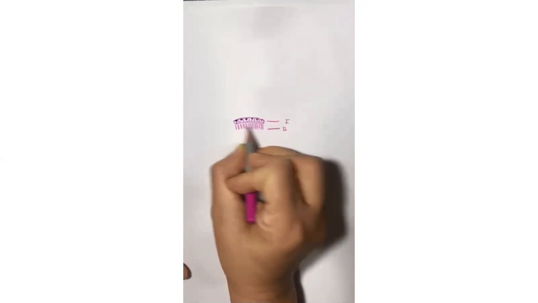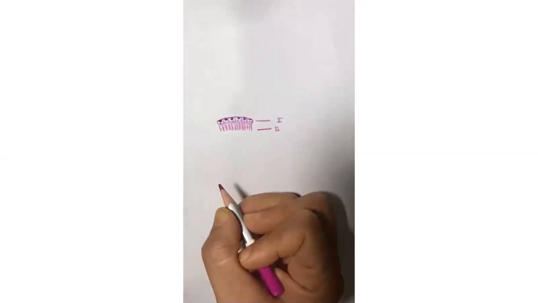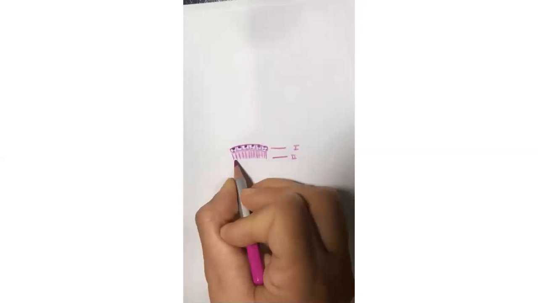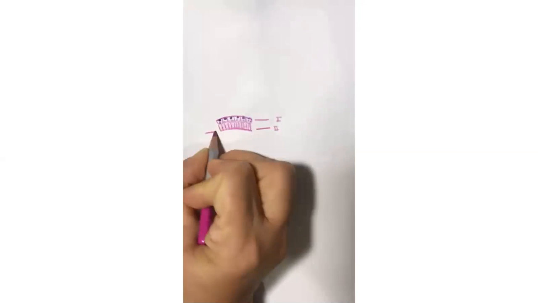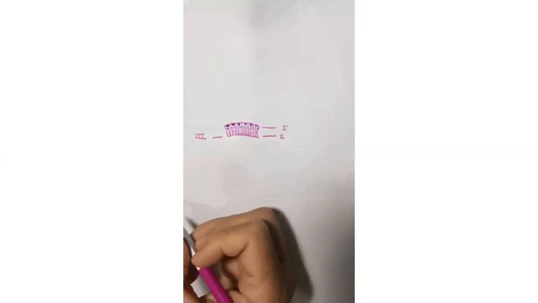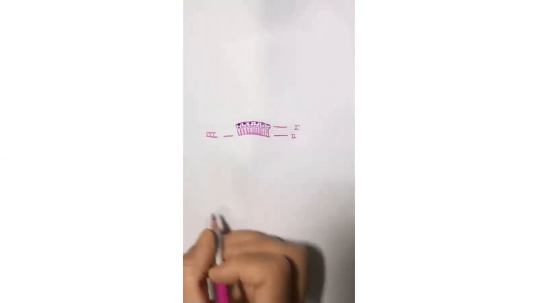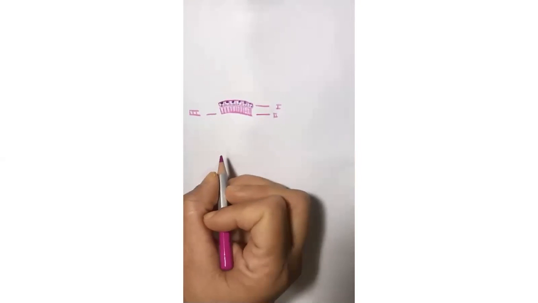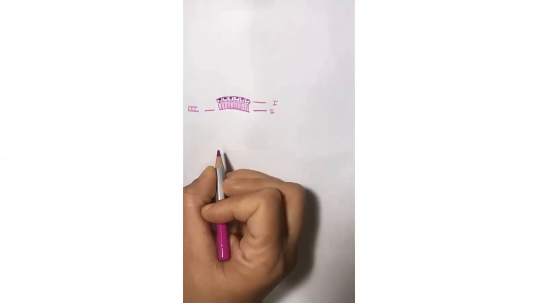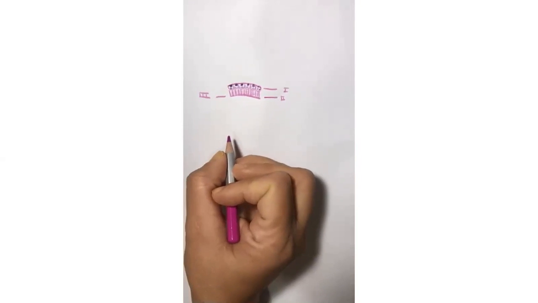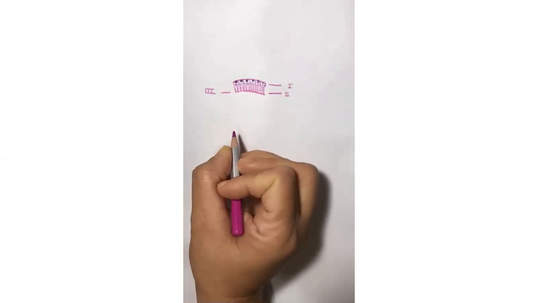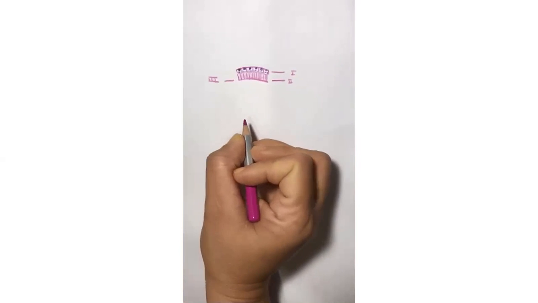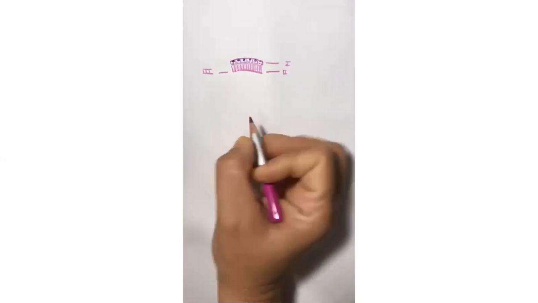The layer of rods and cones is basically the processes of rods and cones. Third layer is the outer limiting membrane. Outer limiting membrane is a junctional complex between the processes of the Muller cells and the cells of the layer of rods and cones. In the next section, I will tell you what the Muller cells are and how they form the outer limiting membrane.